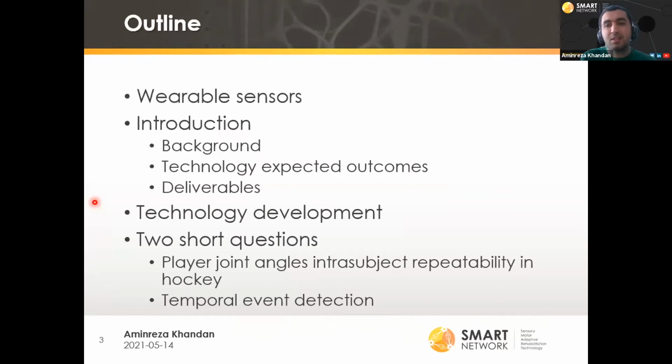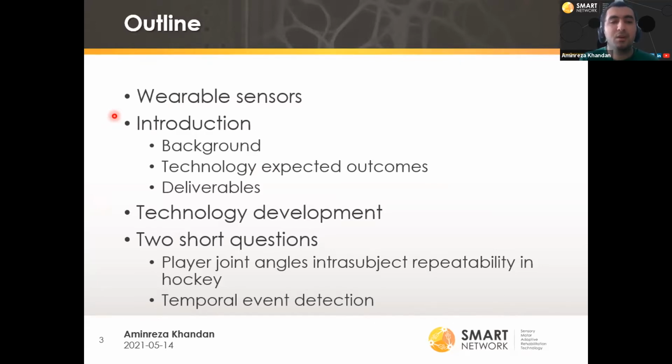In this presentation, I'm going to give you a big picture of a big part of my PhD studies, not all parts. First, I'm going to talk about wearable sensors and specifically inertial sensors. Then I'm going to provide a little introduction and background. Then I'm going to talk about the technology, expected outcome and deliverables of my study.